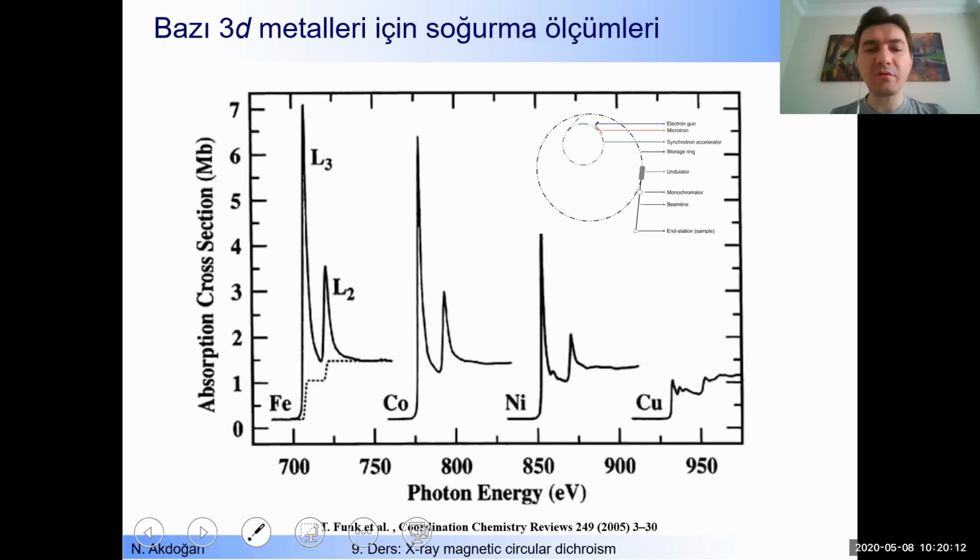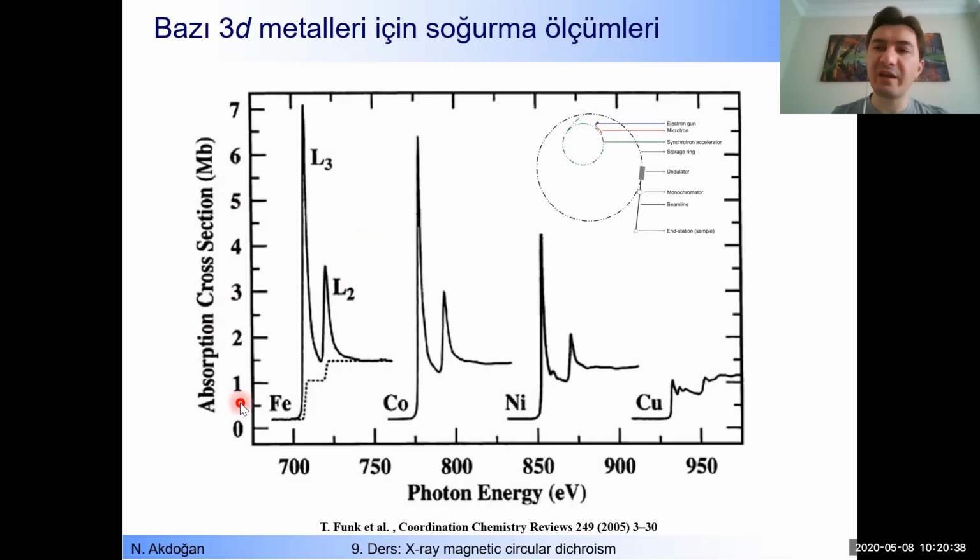So now you have the synchrotron light source, and you have the undulator and monochromator here. There is an end station, and your experimental setup is located here. The monochromator is very important because you can change the incoming photon energy, and then you record the intensity.